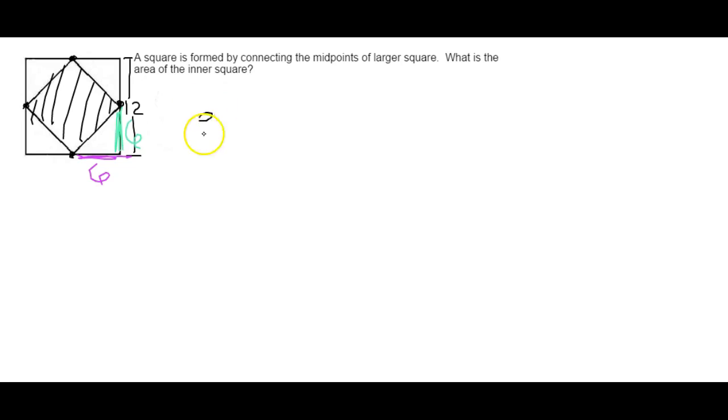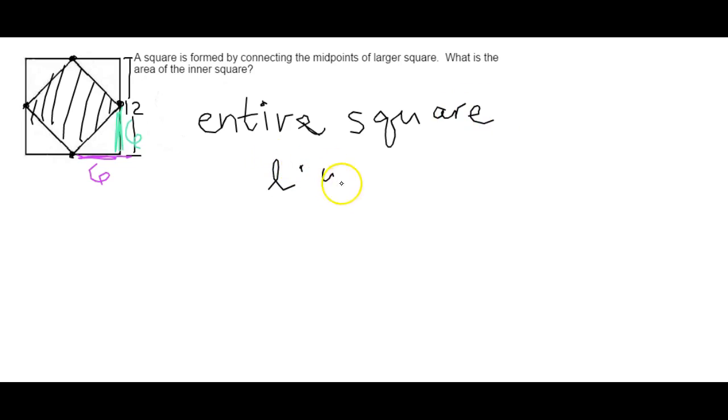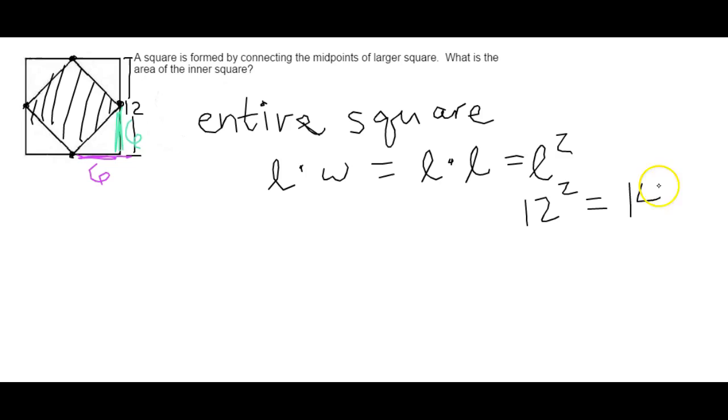So the entire square would be length times width, or as we saw in one of our previous problems, just length times length, or length squared. So one side is 12, so 12 squared is 144. The entire area is 144.